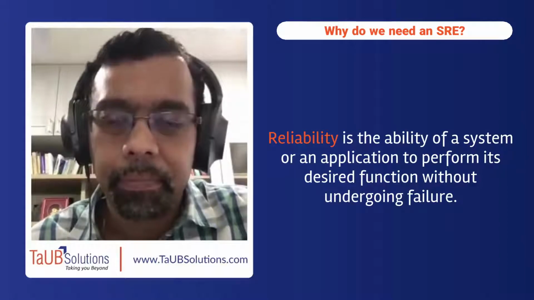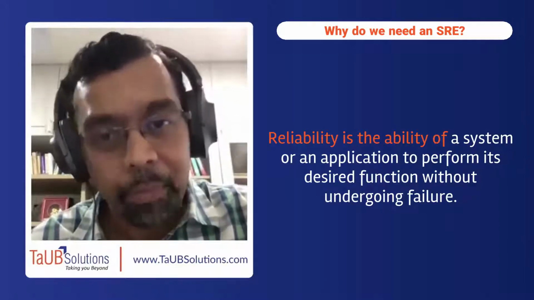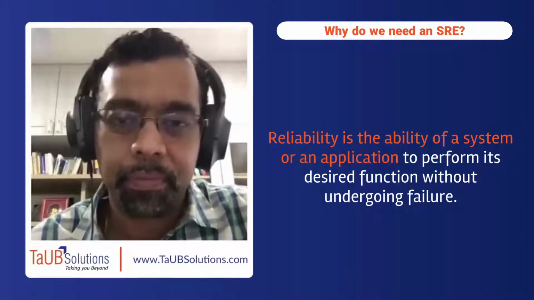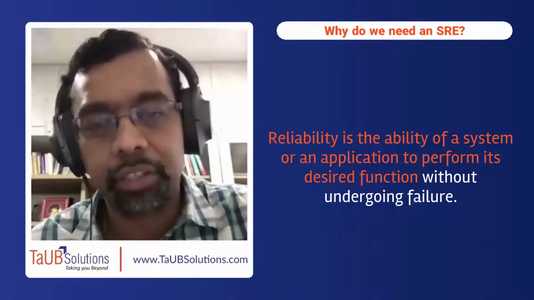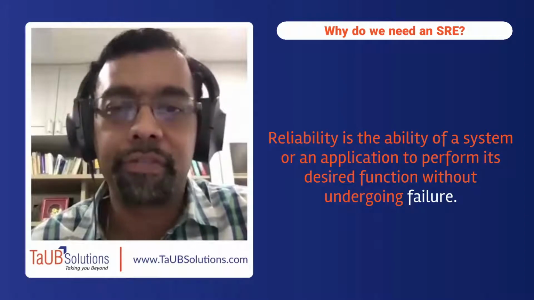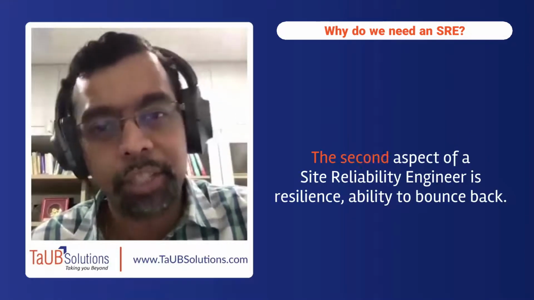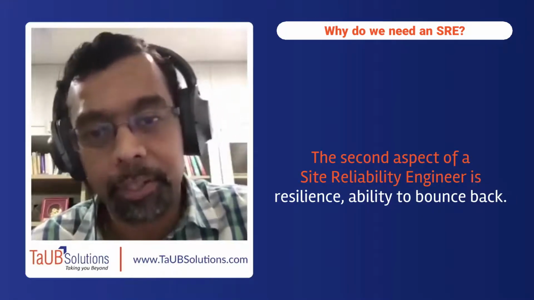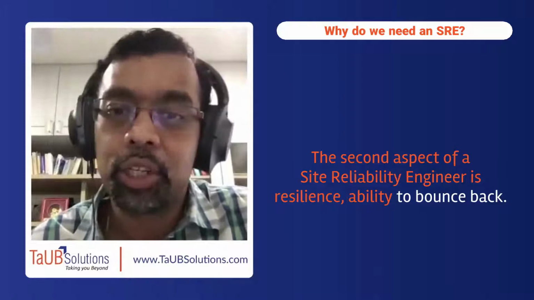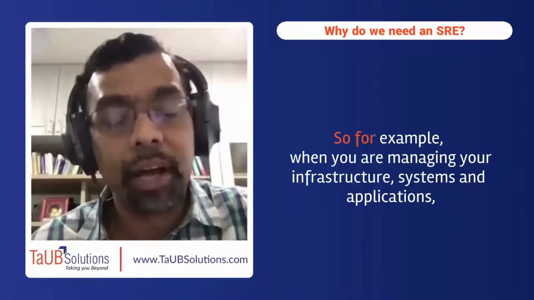Now, what does reliability mean? Reliability is the ability of a system or an application to perform its desired function without undergoing failure. That is what we call reliability. The second aspect of a site reliability engineer is resilience, the ability to bounce back.